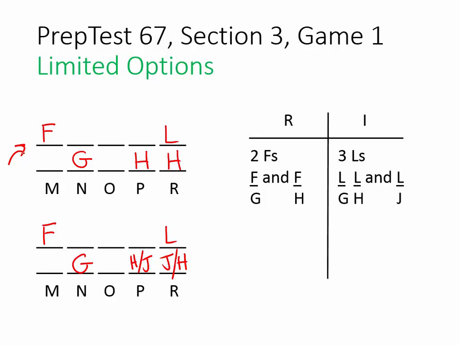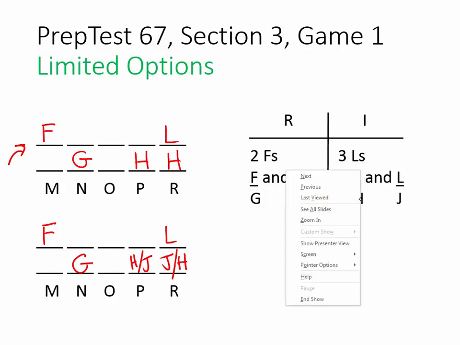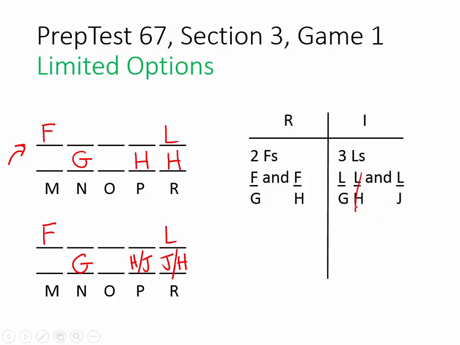So up here, we need an FG and an FH, right? We also need an LG, an LH, and an LJ. Well, we have our LH, so that's gone. I should not cross that out. Sorry, let me erase that. I'll just give it a light line there. So we have an LH.